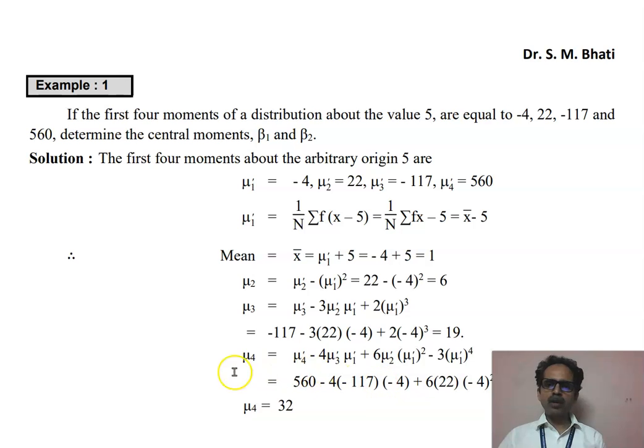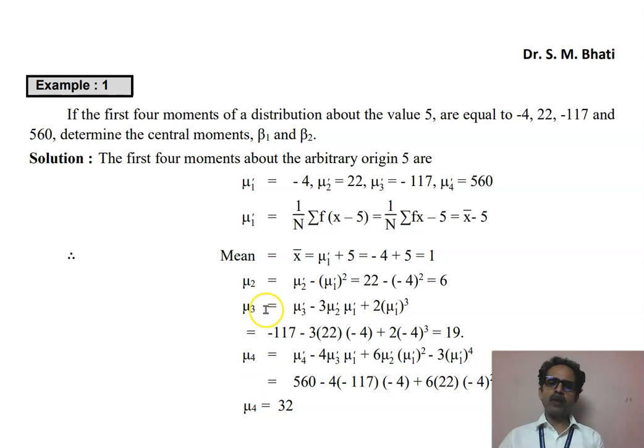You need to remember this formula and put the known values on the right hand side, that is, the values of mu1 dash, mu2 dash, mu3 dash and mu4 dash, and when you simplify you will find mu4 is 32. So in this way we have obtained mu2 as 6, mu3 as 19 and mu4 as 32, and mu1 is always 0.